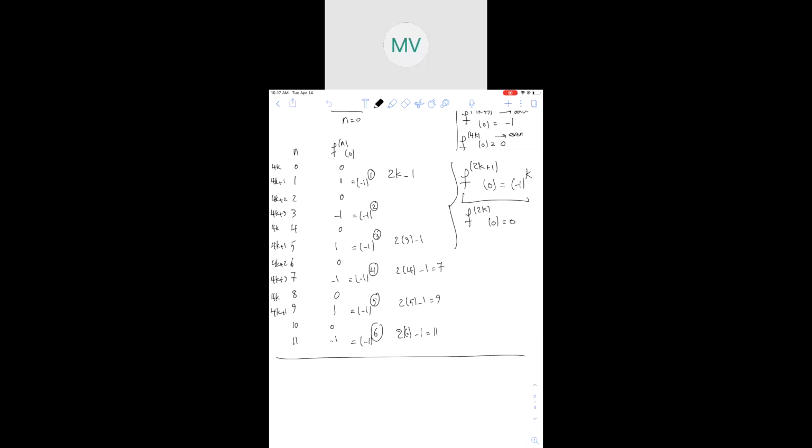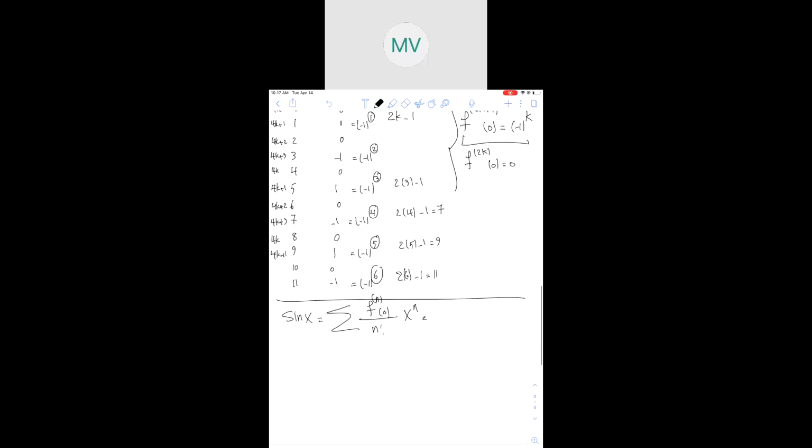All right, now let's go to the Maclaurin series. So sine of x is the summation of the nth derivative of f at 0 over n factorial, x to the n. If I split this up, I'll write down the detail. If you expand this f, as you remember, it's f of 0 plus f prime of 0, 1 factorial x plus f second derivative at 0, 2 factorial x squared plus.